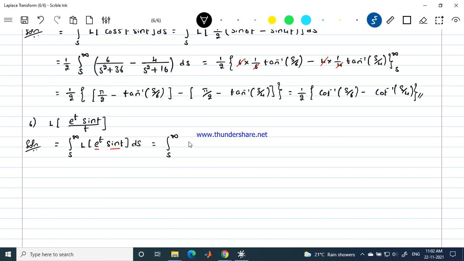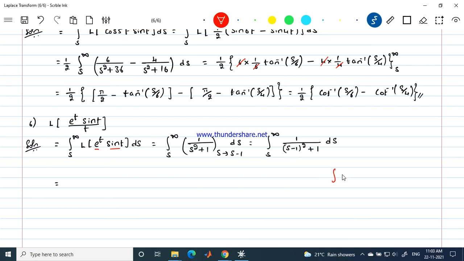So we rewrite this one as Laplace of sin t is 1 by s square plus 1, in which I need to replace s by s minus 1, ds. This is equal to integration s to infinity 1 upon (s minus 1) whole square plus 1 ds.